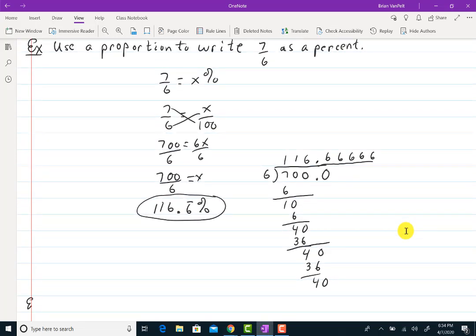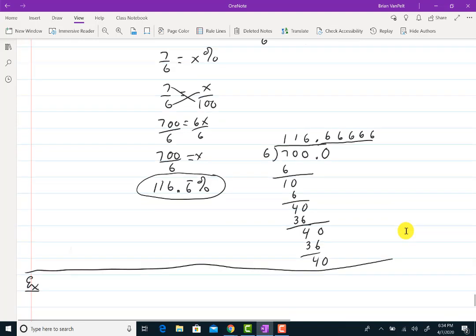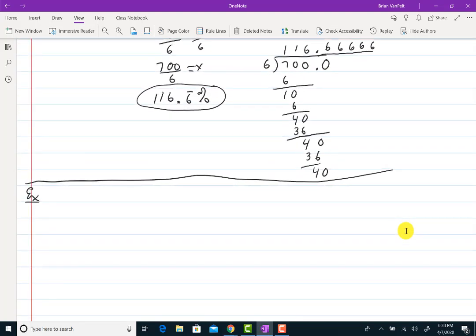The next example is going to relate to the last one. Round that last answer to the nearest tenth.